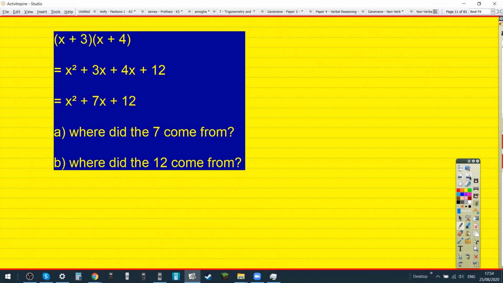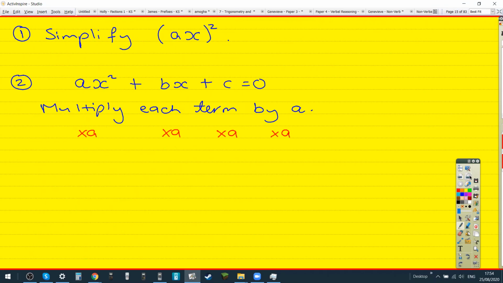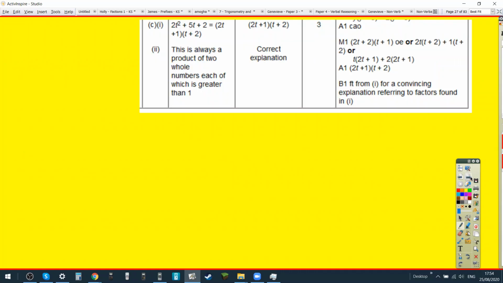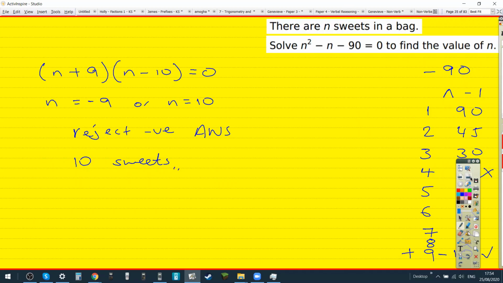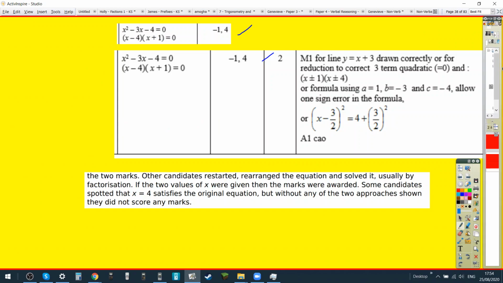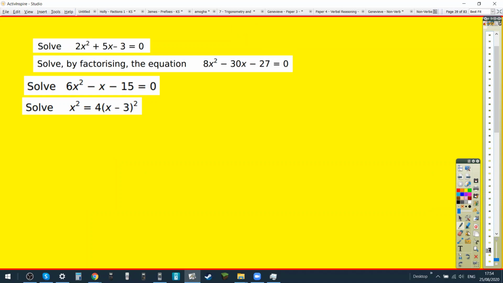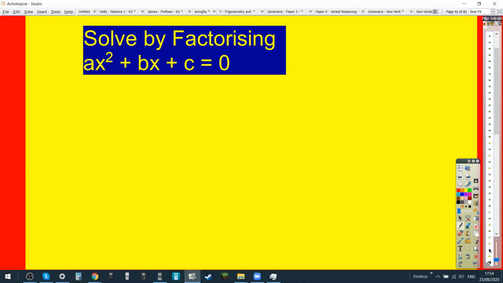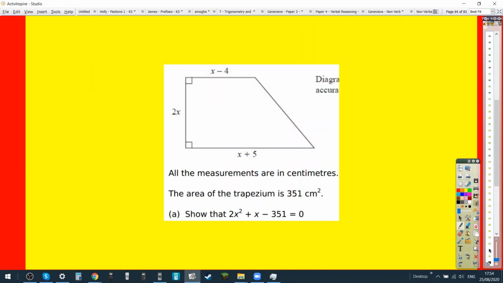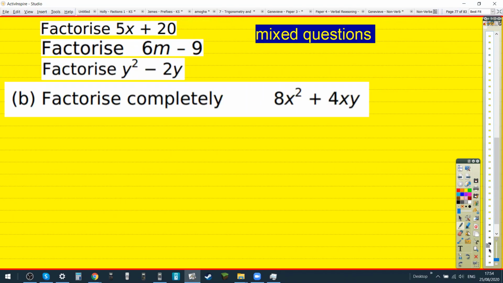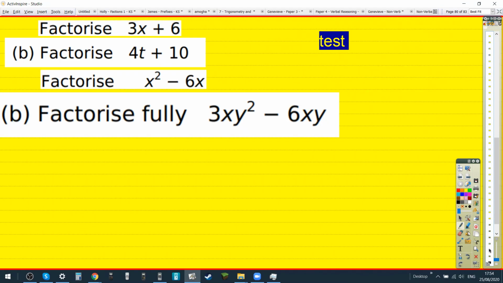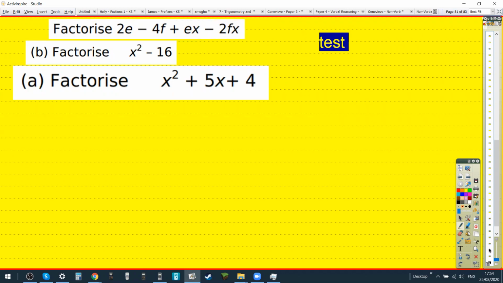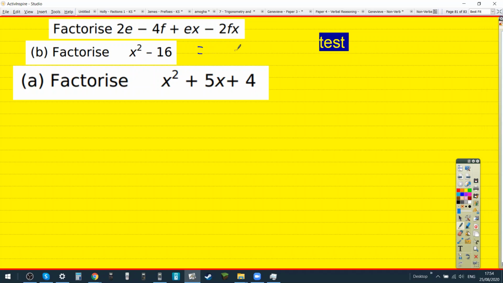Okay. Let me go to my test. Test your best. I think I have one at the end. Let's just get this. There we go. So what is the middle one?